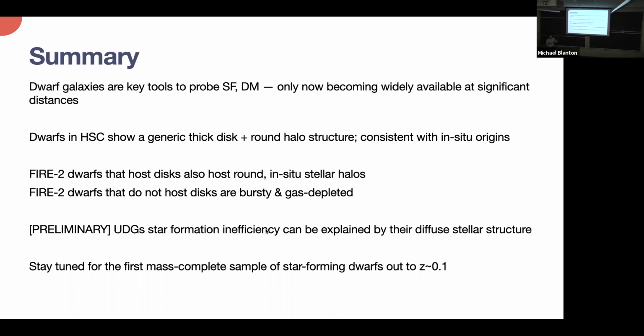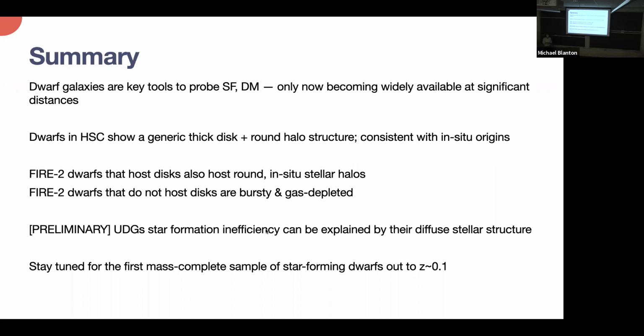So approximately 60% of the FIRE dwarfs are non-disky at redshift 0. And we would expect to see a significant change in our observational results if that population was greater than about 10 to 20%.